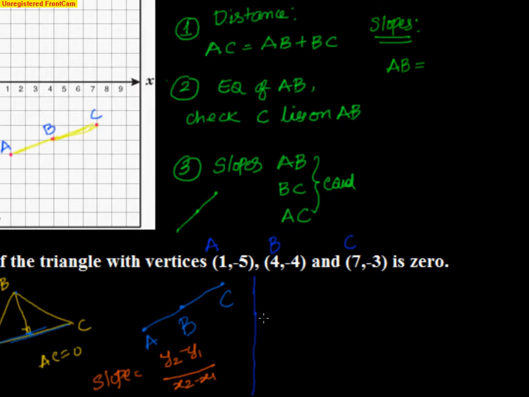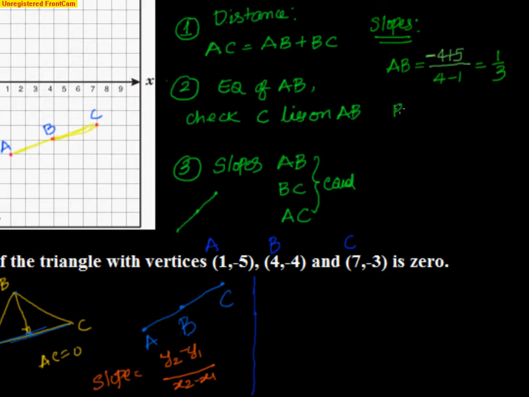So y2 minus y1, that is minus 4 plus 5, divided by 4 minus 1, that's equal to 1 by 3.